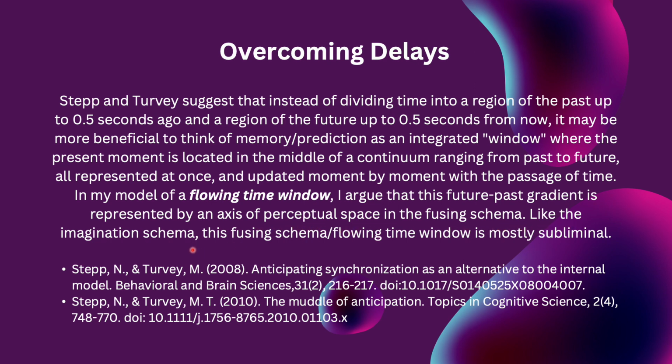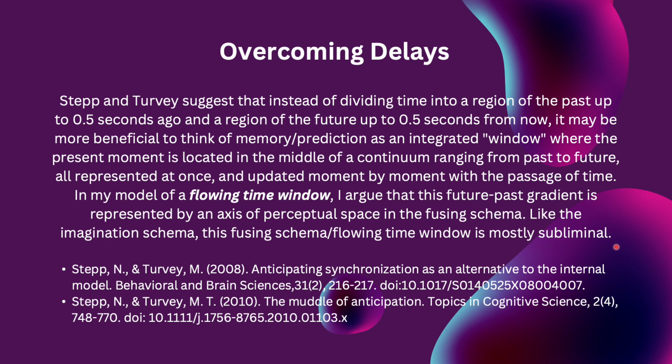Like the imagination schema, this fusing schema and flowing time window is mostly subliminal, but I still think it drives your sequence understanding and even the feeling of a lot of qualia, such as coldness or sense of self or mood or happiness.